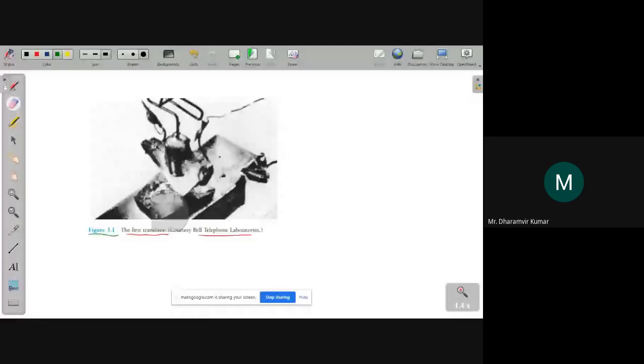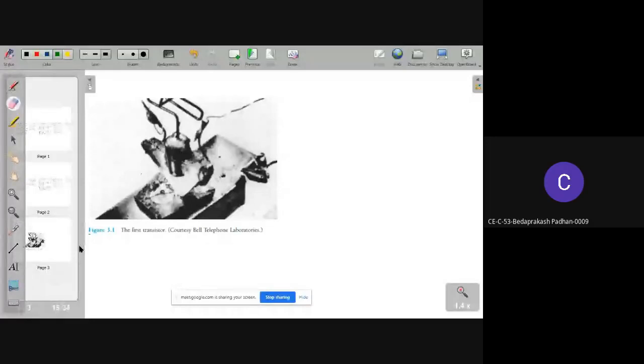Sir, the screen is there, but the contents of the screen are not visible. Only M is showing, sir. Okay. Is this figure visible? No, sir. Okay. Yes, sir, now it's visible.